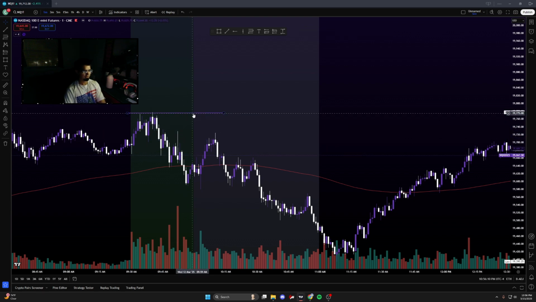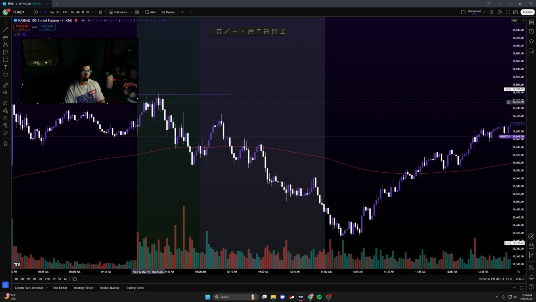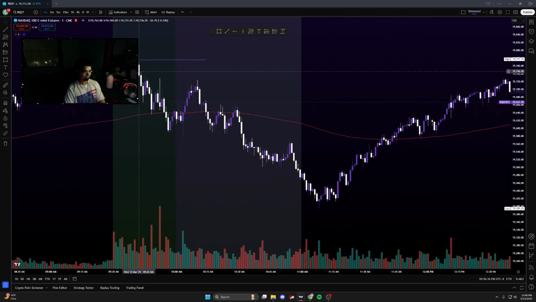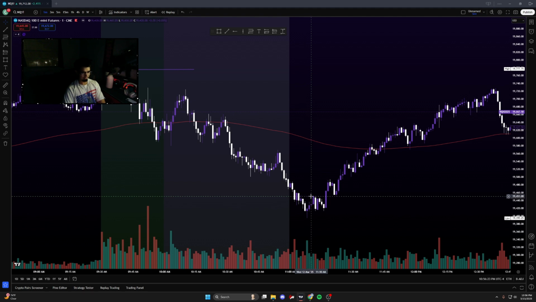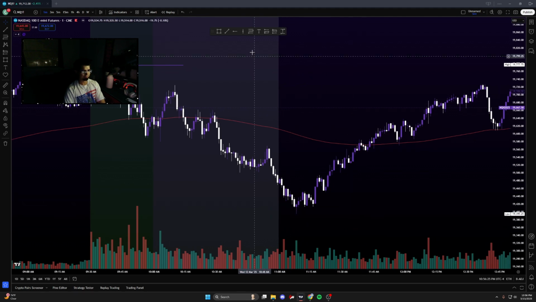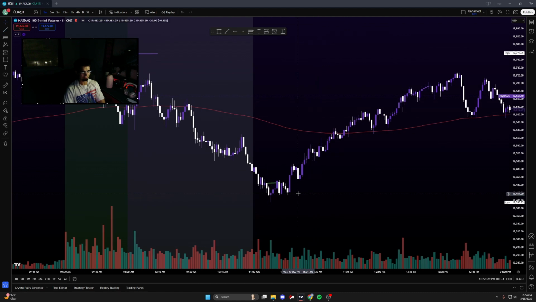It's just understanding why the market is moving down or why the market is moving up. Like we see this bearish price action, and then what happens after we make these lower lows and lower highs? We have now a higher high and a higher low. Why? Because it broke structure right here, right?